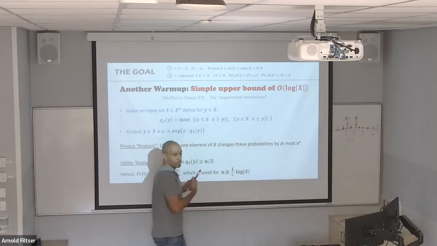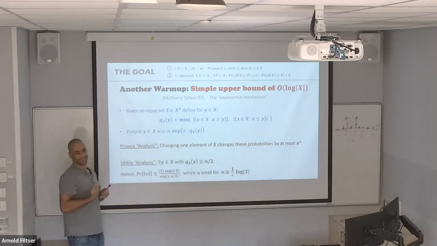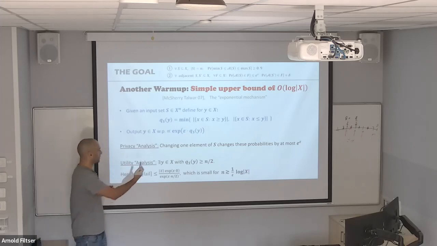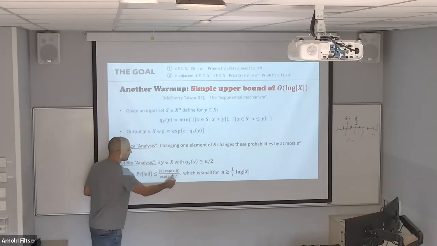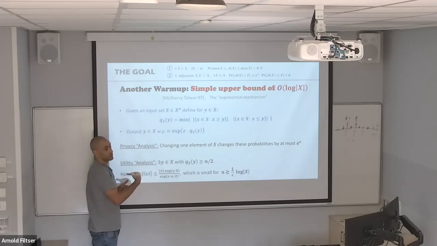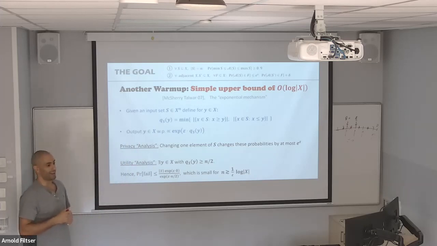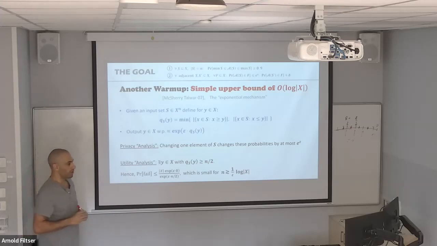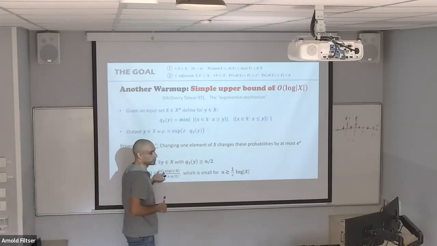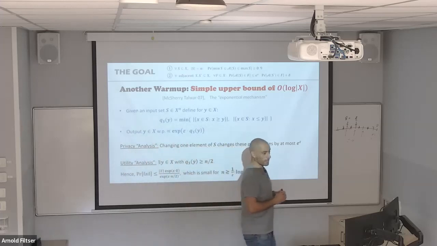So the probability of getting any specific bad output is at most e to the epsilon times 0, its quality, over the normalization factor. And the normalization factor in particular includes the perfect solution, which has quality n/2. And then there is this factor of |X| for the union bound.